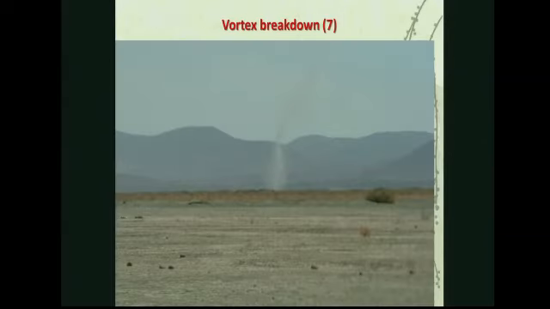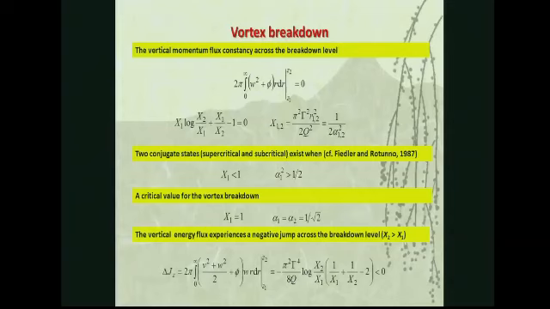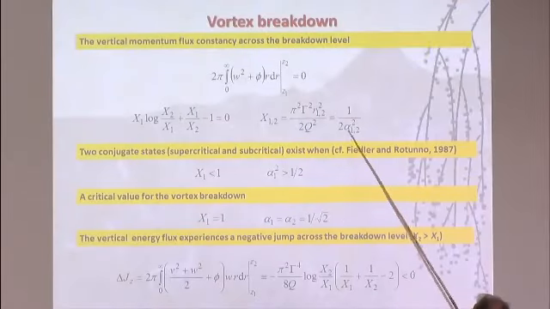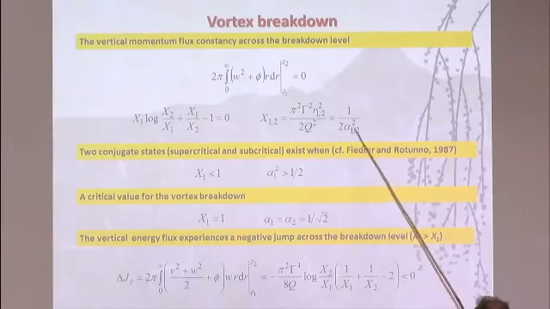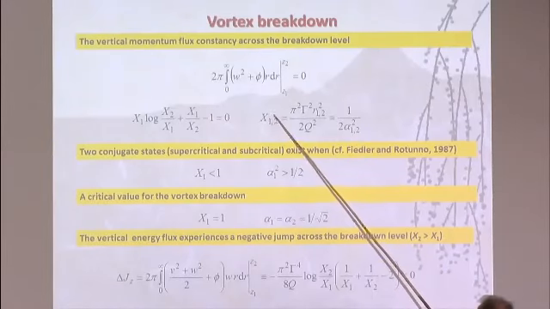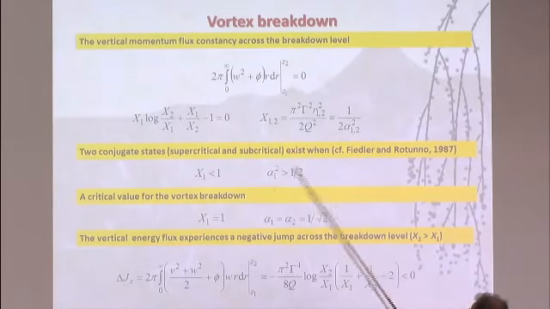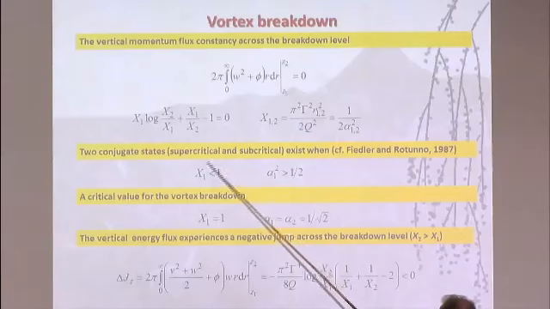So I want really to show these algebra. So it's the constancy of the vertical momentum flux. So it's a famous equation in terms of x. It's the reciprocal of alpha, the helical parameter. So x is actually the swirl number.